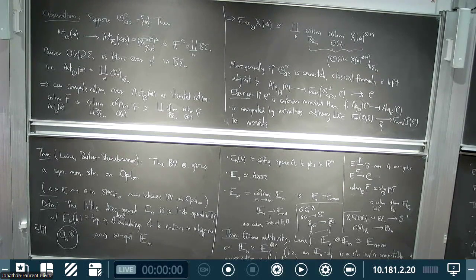I think you can define a Boardman-Vogt tensor product on operads in simplicial sets, but it's not as homotopically well behaved as one might like.